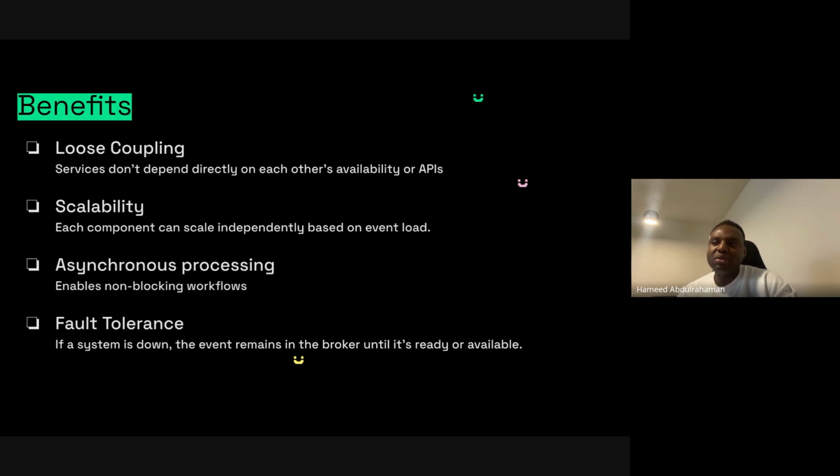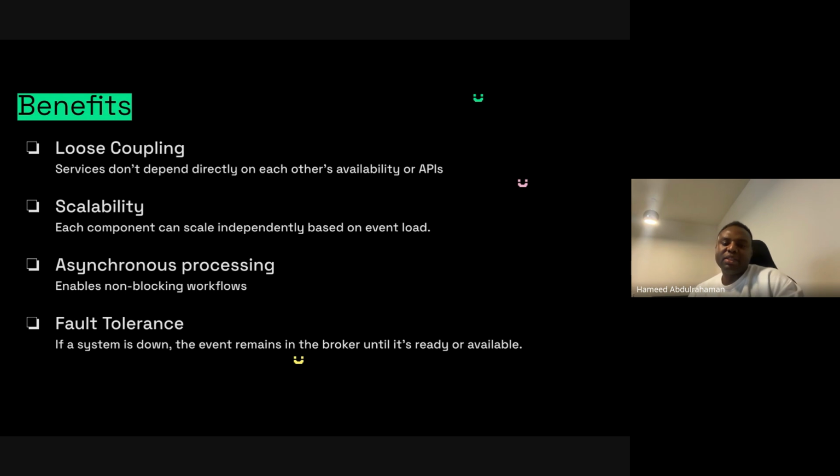Instead you have a more seamless approach: the order service is down, you fix it and check what's going on with the other aspects. That's where the loose coupling of these event-driven microservices helps us a lot.